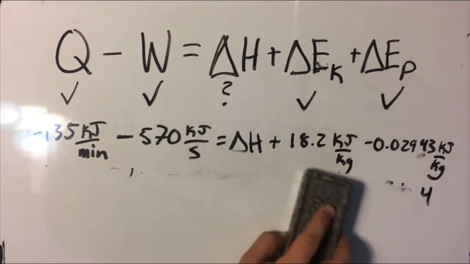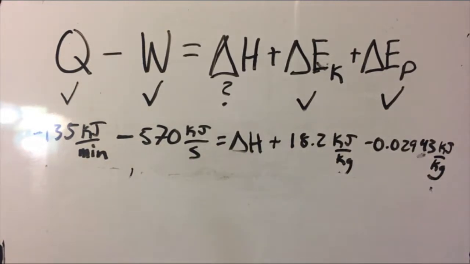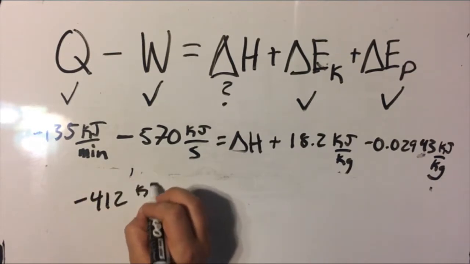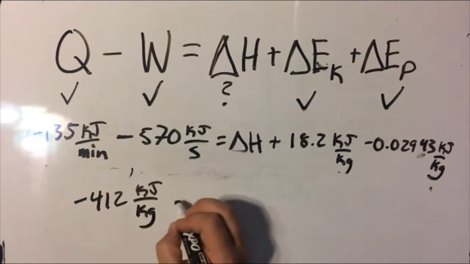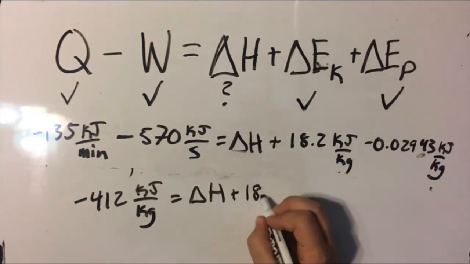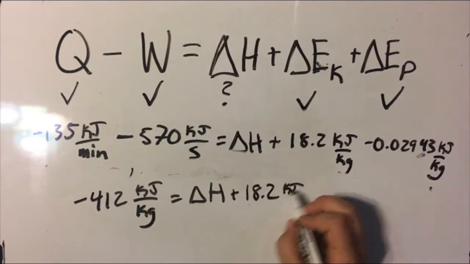Let's start actually solving. So our left side is going to simplify down to negative 412 kilojoules per kilogram, which equals our change in enthalpy plus our changes in energy that we calculated earlier.